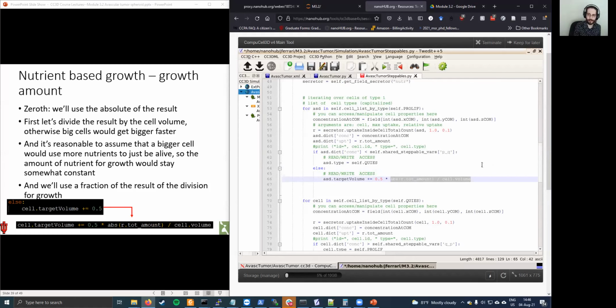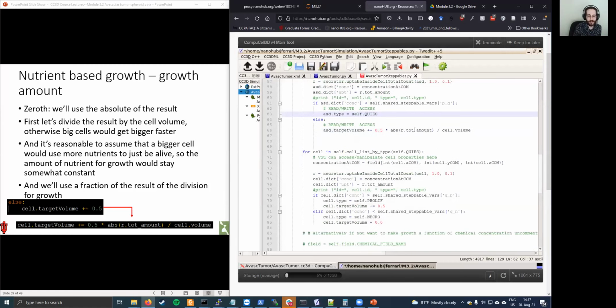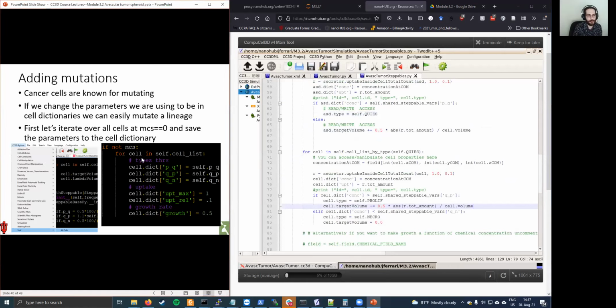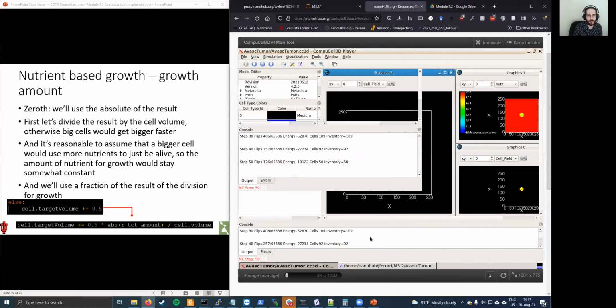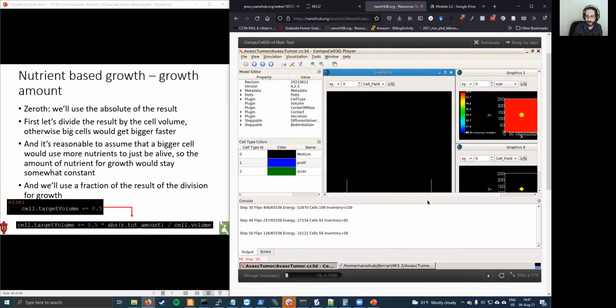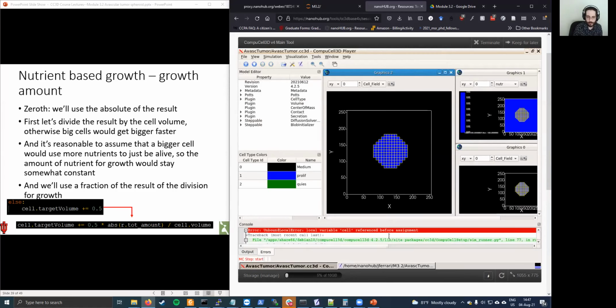Nice. Good. Glad that the solution was easy. And I have to remember to do the same down here. So now, if I run this, yep.